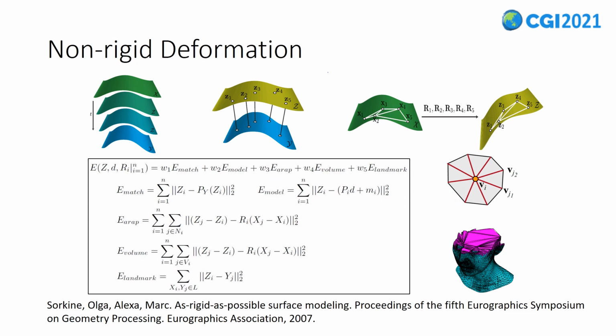We parameterize the mapping function as a 3x3 rotation matrix for each template vertex. We formulate the total energy function as a weighted sum of 4 energy terms, including the landmark matching term, the matching term, the as-rigid-as-possible term, and the volumetric term.